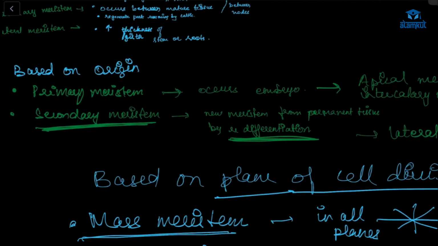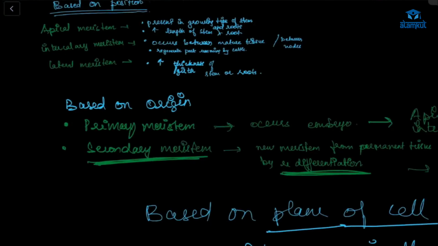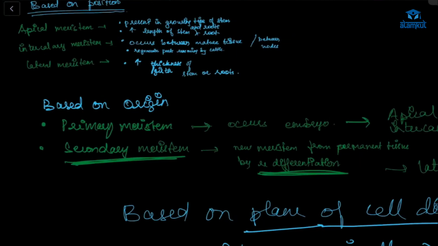You didn't understand about the secondary meristem? So, primary meristem helps in the growth of the young plants.